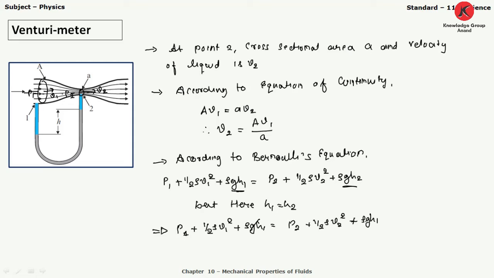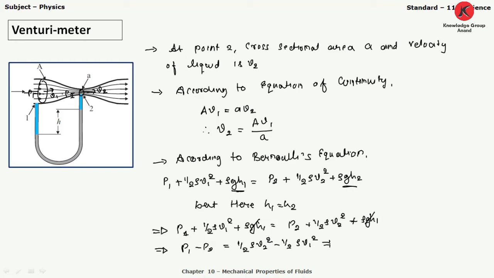So this term and this term will be cancelled out, and finally if I simplify, what will we have? p1 minus p2 equal to half rho v2 square minus half rho v1 square. Clear? So this will be the equation.